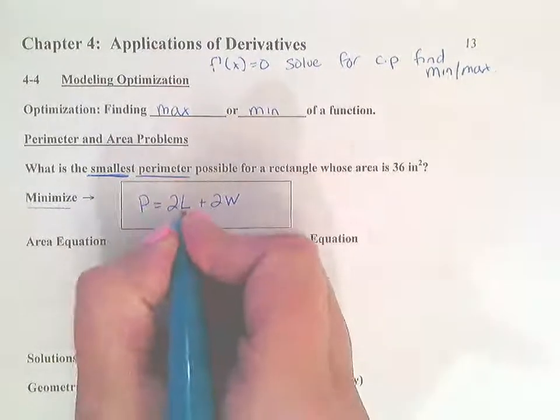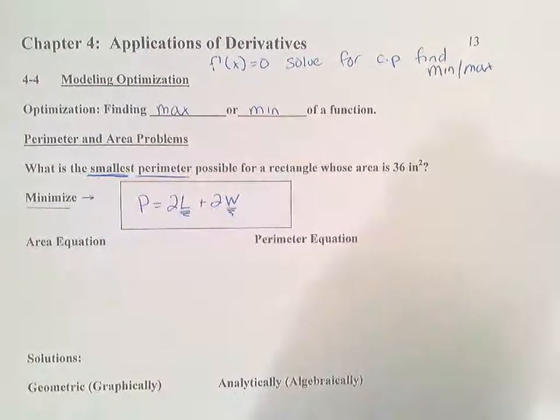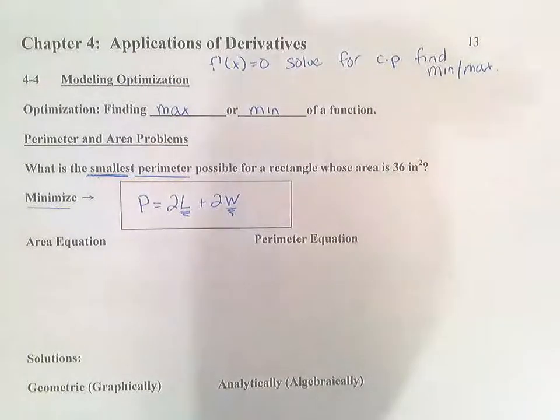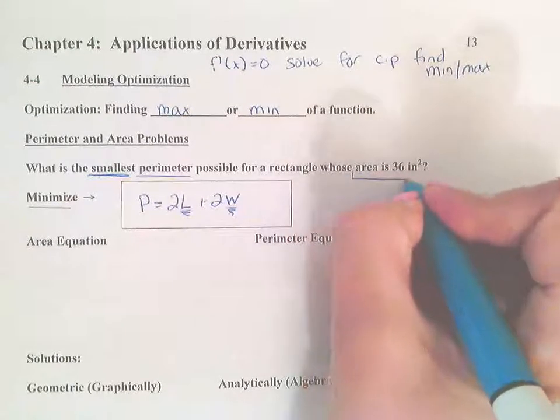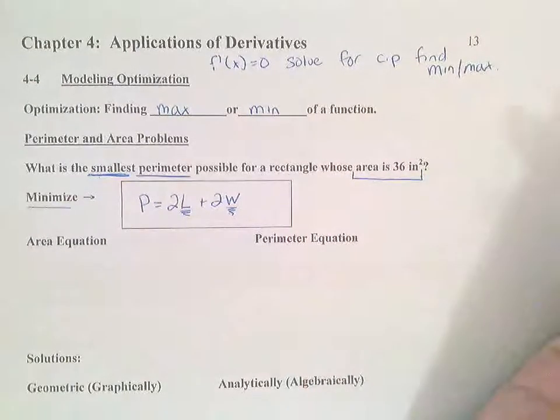But as you notice here, we have two different variables. So in optimization problems, they will always give you additional information that you can use to eventually end up with one variable. So here they tell us that the area is 36 inches squared.